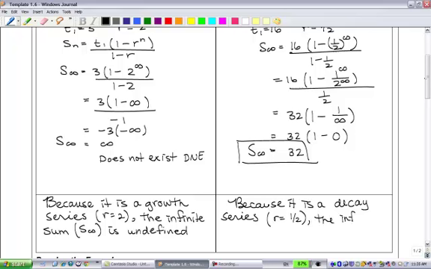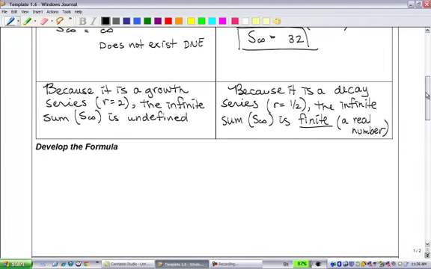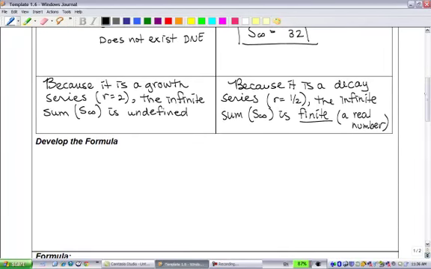The infinite sum, which is S sub infinity, is finite. And what finite means is it's just a real number. So in this case, it was a finite number of 32. So you can have an infinite series have a finite sum as long as it's a decay series.